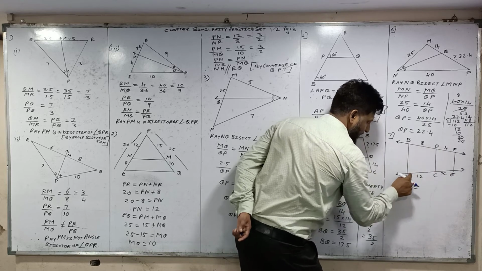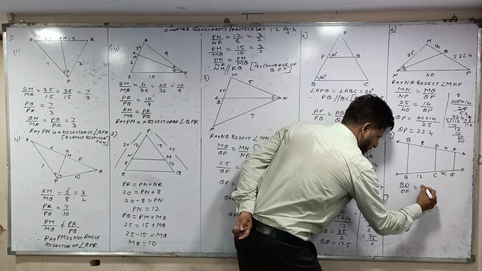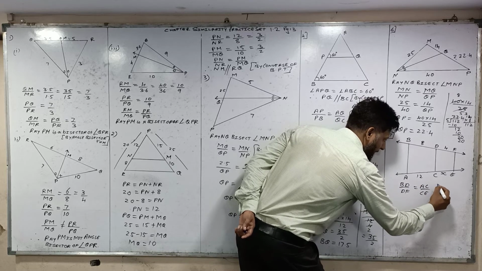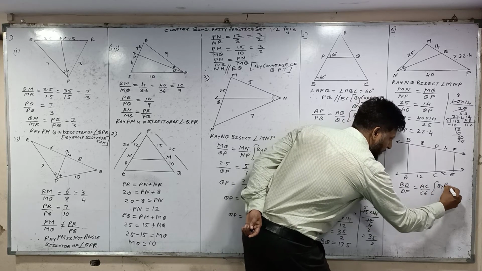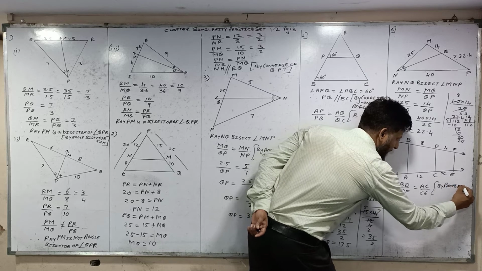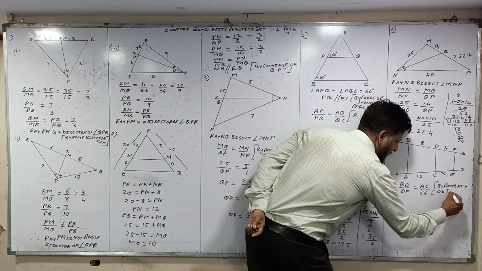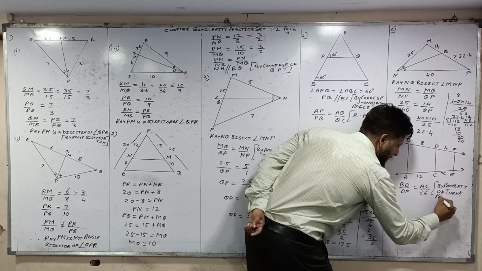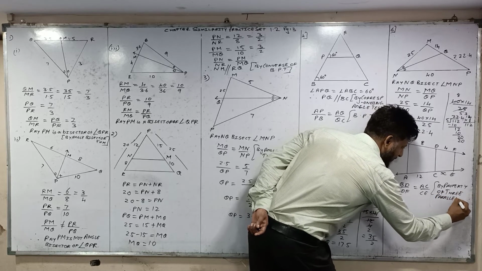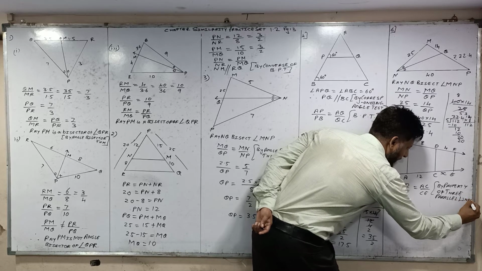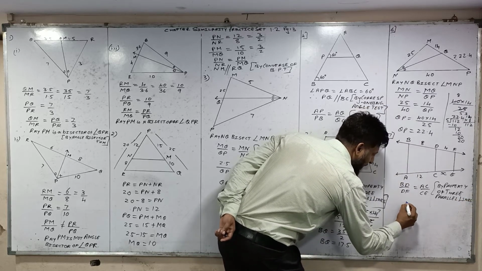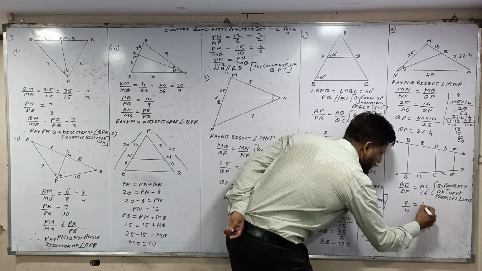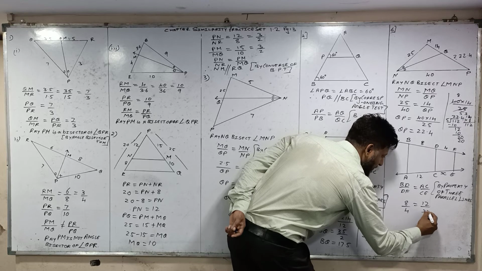BD upon DF is equal to AC upon CE by the property of three parallel lines. Now BD is 8, DF is 4, AC is 12, and CE is equal to X.